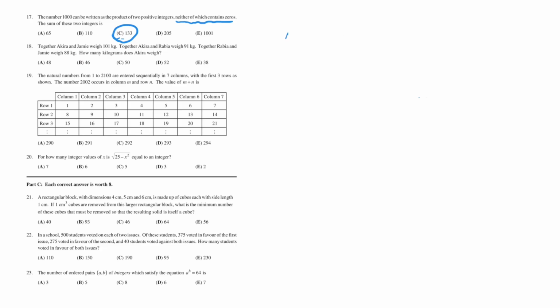So A plus J equals 101, and also A plus R equals 91, and R plus J equals 88.